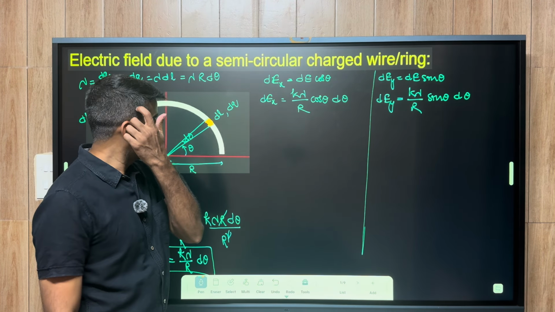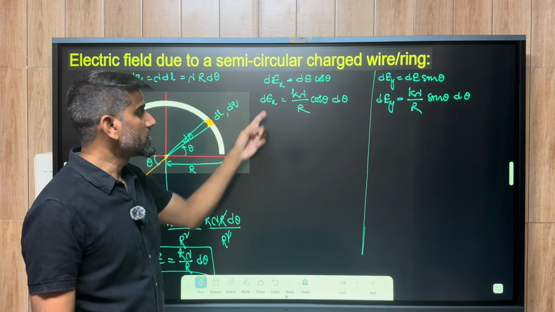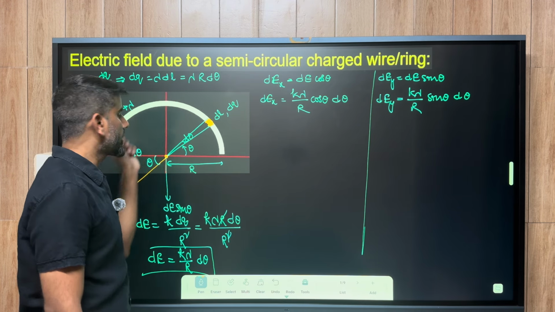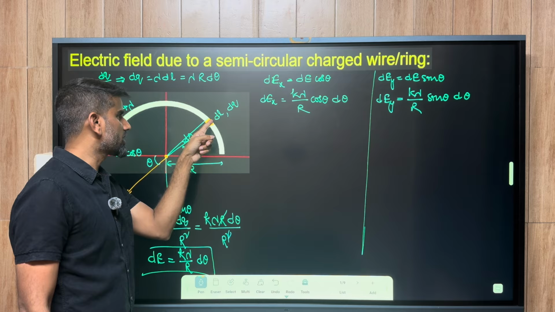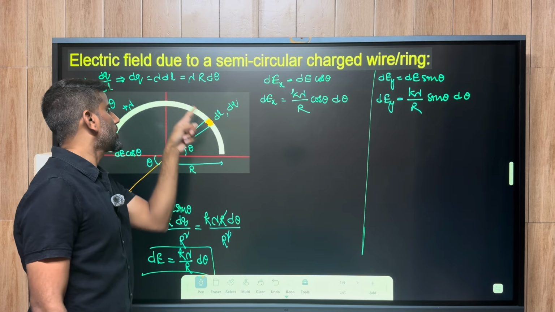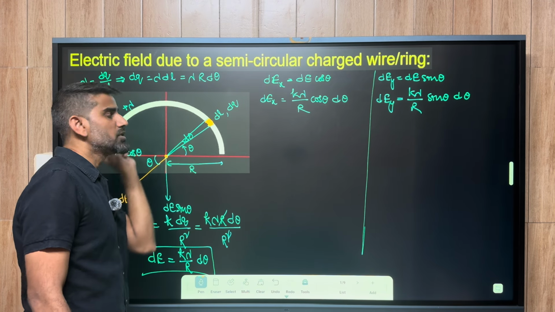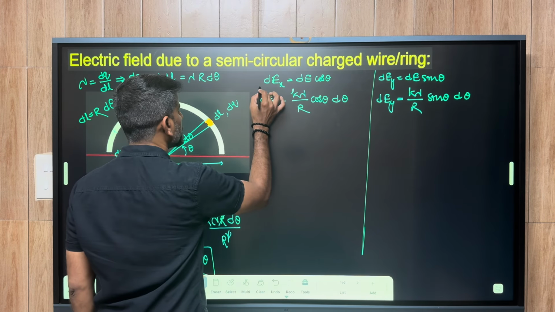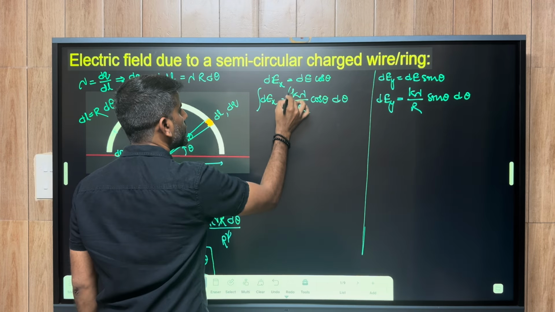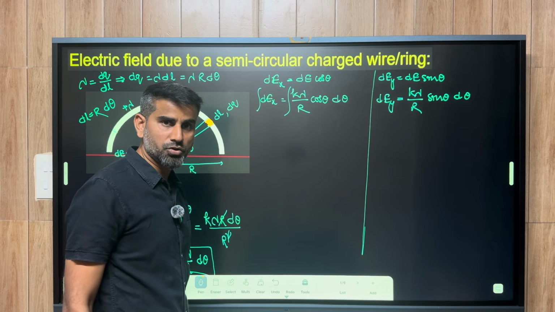Now let us find the x component and y component. This is the expression for the x component of the electric field due to this small element. But I want the electric field due to the entire semicircular ring. To do so, we need to integrate.